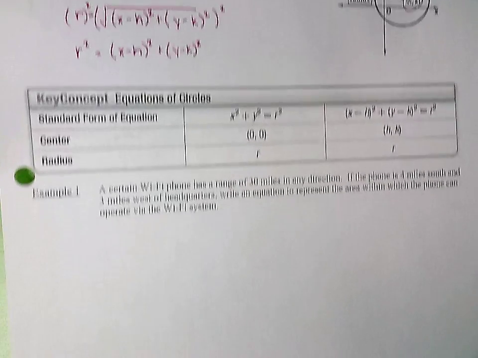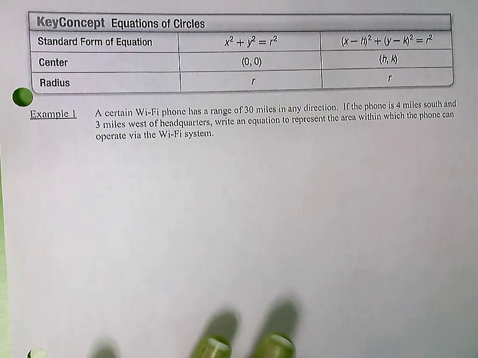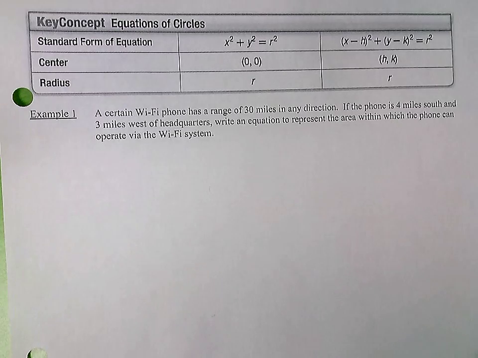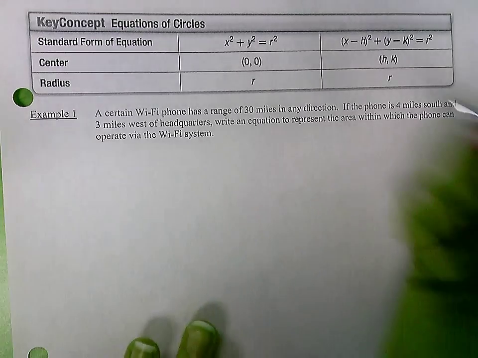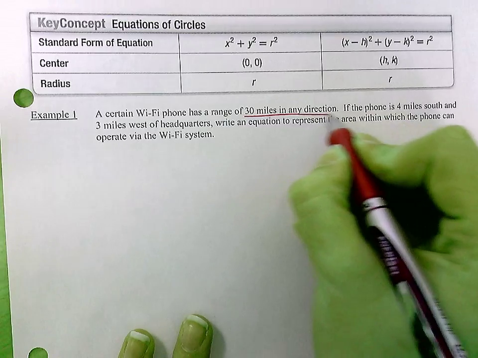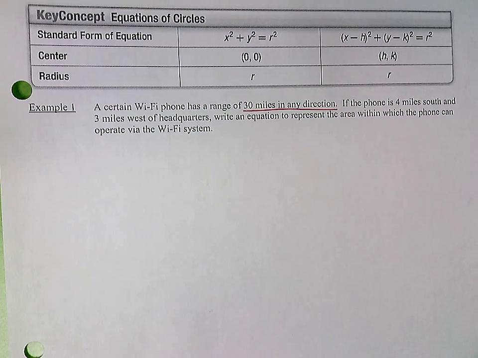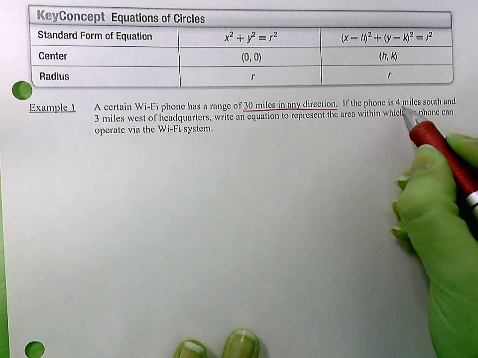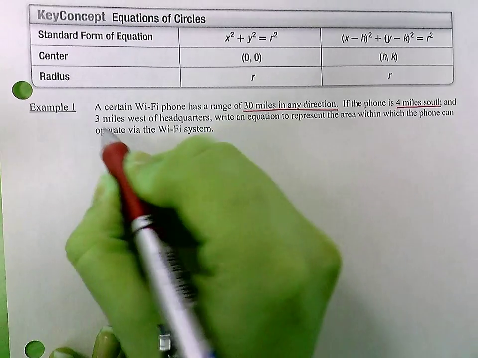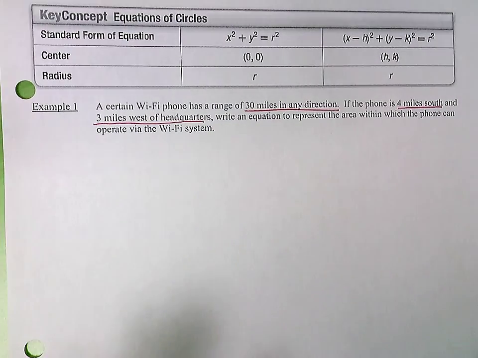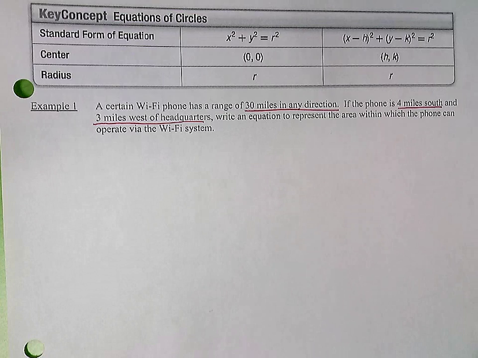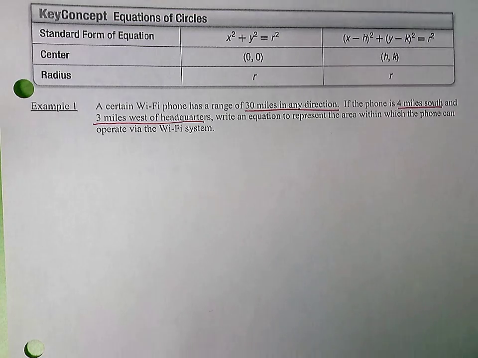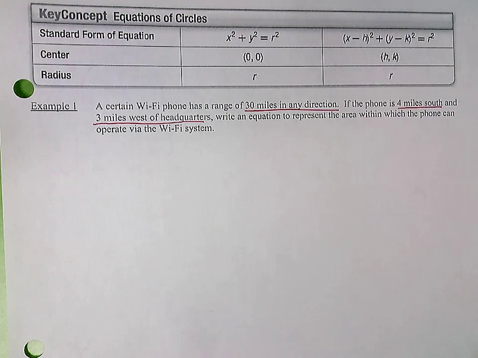If I look at my first example here, a certain Wi-Fi phone has a range of 30 miles in any direction. If the phone is 4 miles south and 3 miles west of headquarters, write an equation to represent the area within which the phone can operate via the Wi-Fi system.